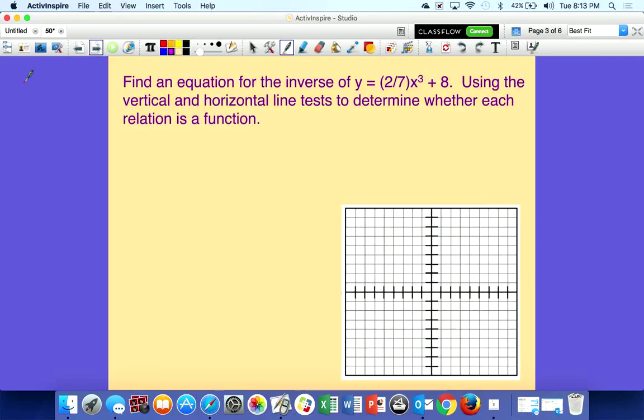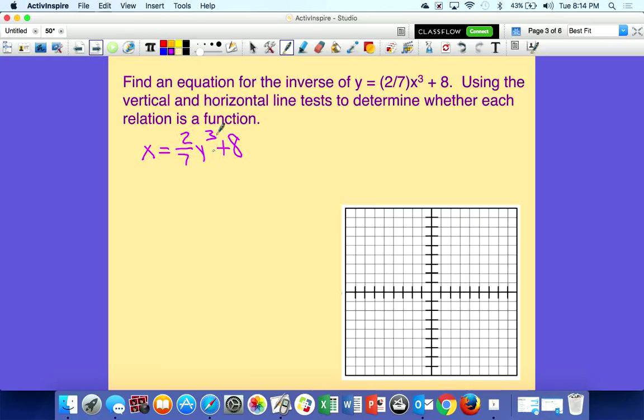And that would be the equation of that line there. Next one, we can do the same thing for this. Find an equation for the inverse of y equals 2/7 x cubed plus 8. Well, to find the equation of it, we're doing the same thing. We would switch the x and the y. So x equals 2/7 y cubed plus 8.